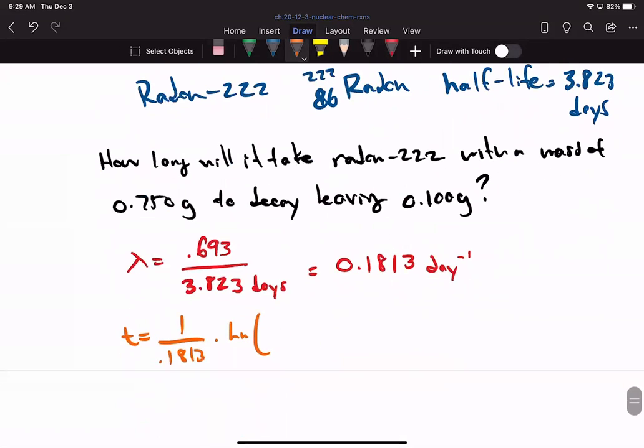So the mass at the time we're looking at is 0.100 over the original mass, 0.750.